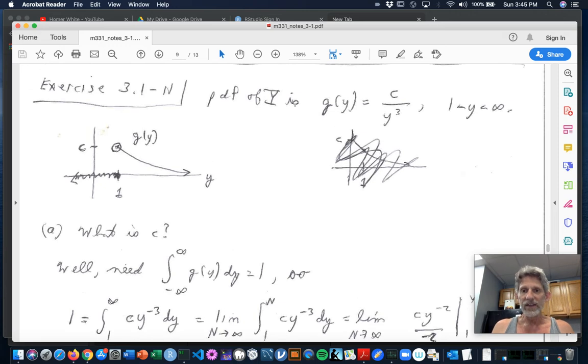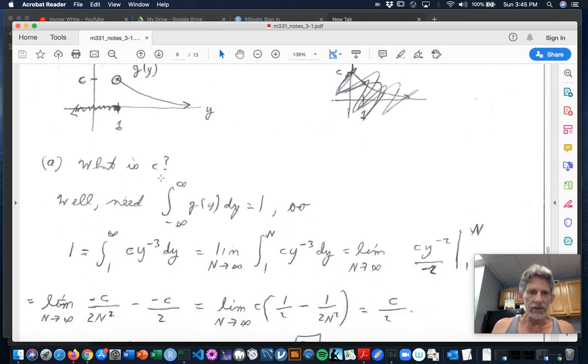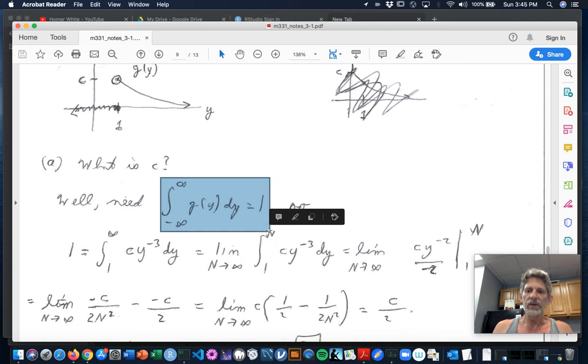Well, anyway, they didn't tell us c. Well, what is c if this is really the density function for a random variable? Well, to find it, that's where you use that areas under a density function give you chances. Total area under g would have to be 100%, because you've got to get something.